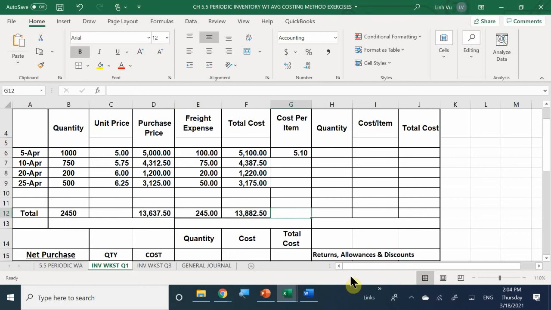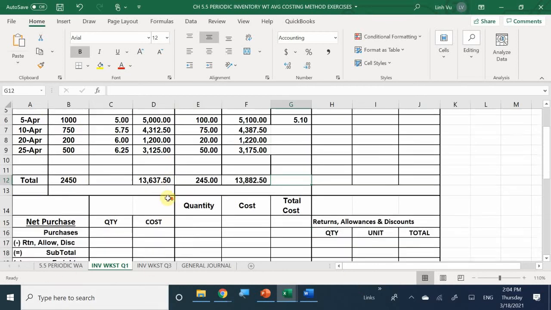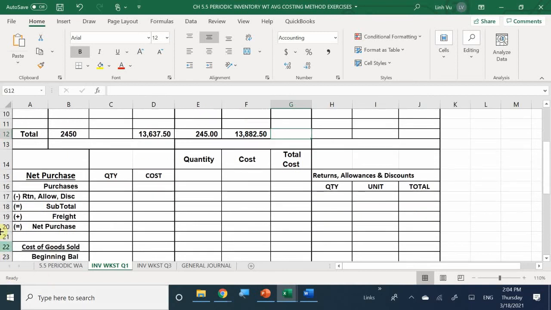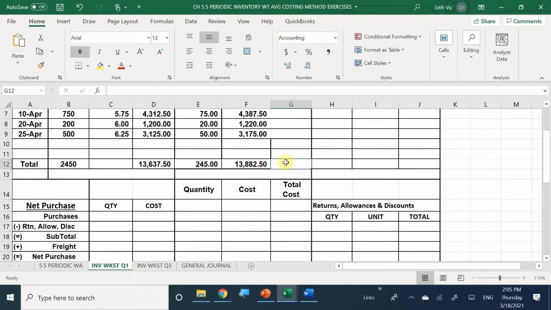The assumption is we don't have any returns or discounts or anything that will affect our net purchases. So we can solve for it here, or you can wait until you get to the end of your goods available to ensure that's the number you're going to use to calculate your average cost per item. But in this case, we know what it is because I made it simple and easy.